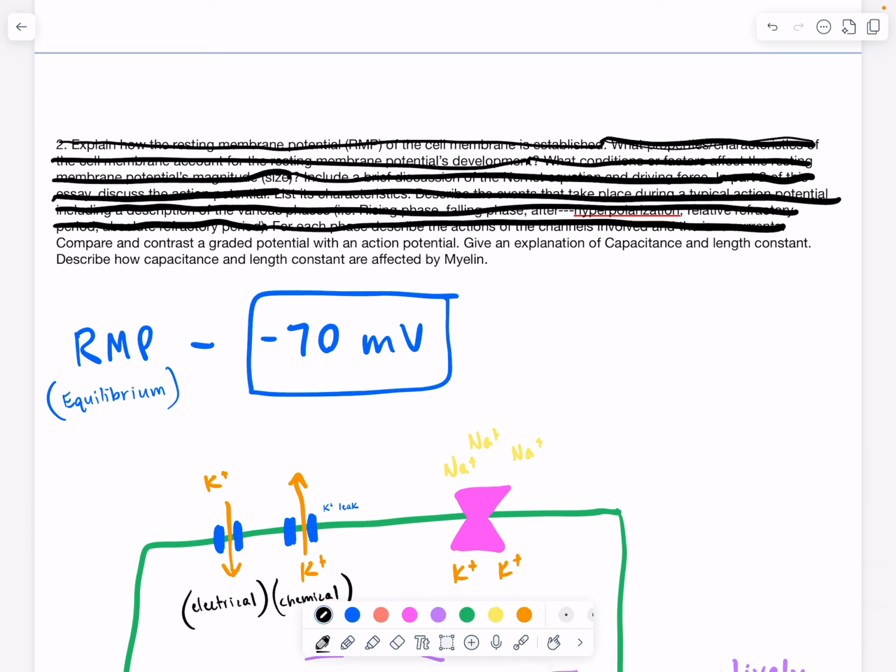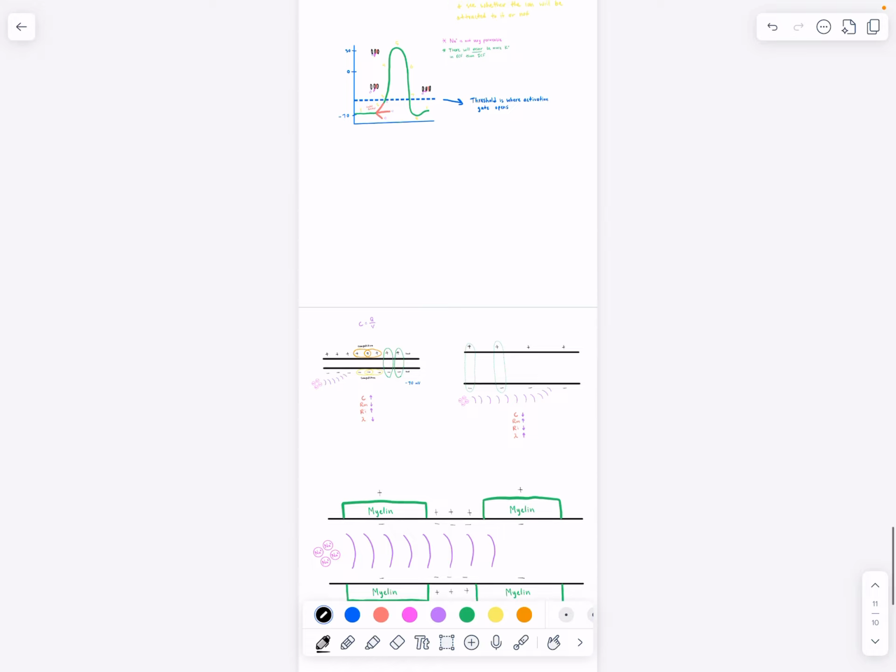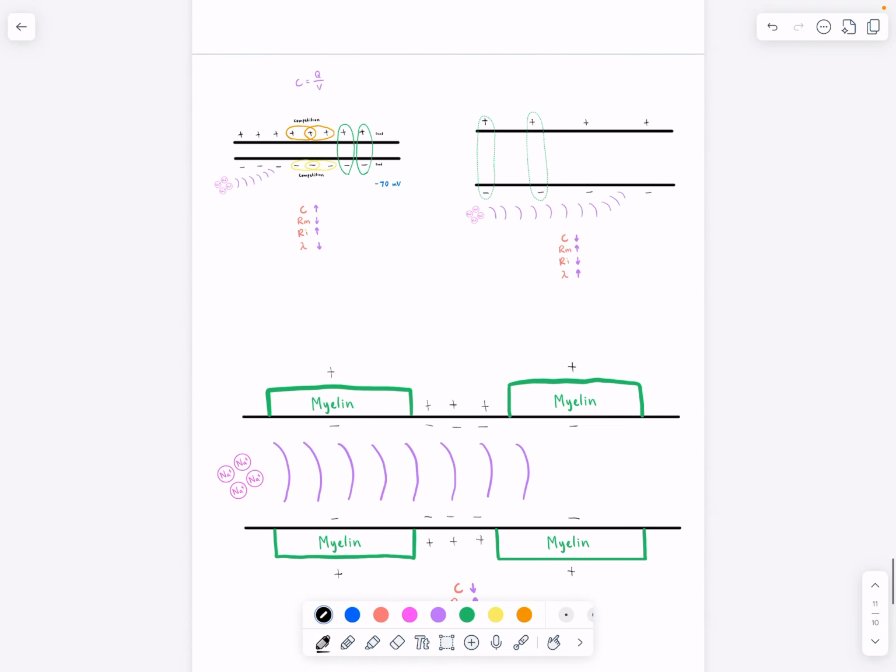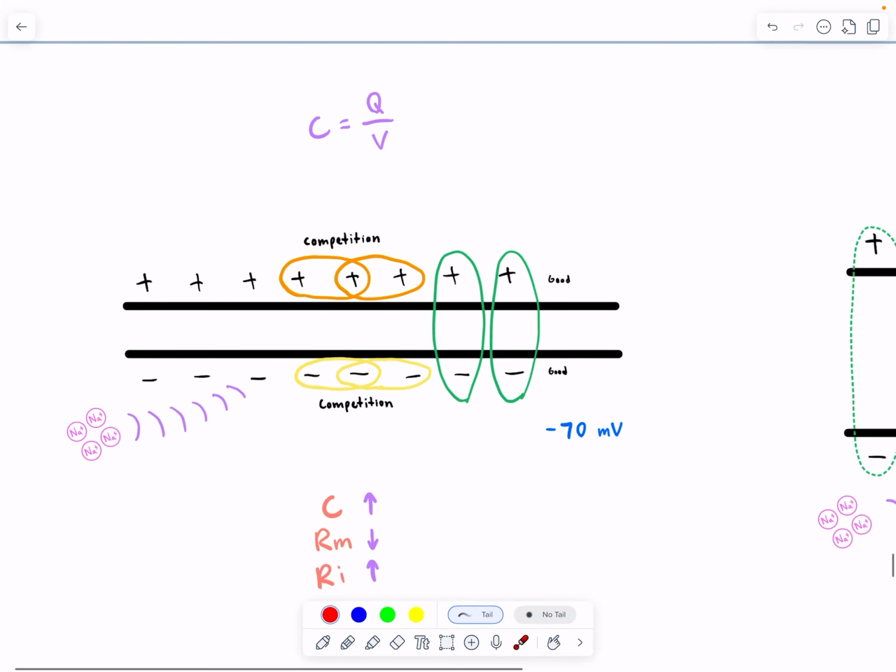We compared and contrasted gradient potential with action potentials. So now moving on to capacitance and length constant. Capacitance is basically the ratio of the charge that is separated compared to the voltage that is generated. Here we have a cell membrane with a lot of charge separated and a voltage of -70.